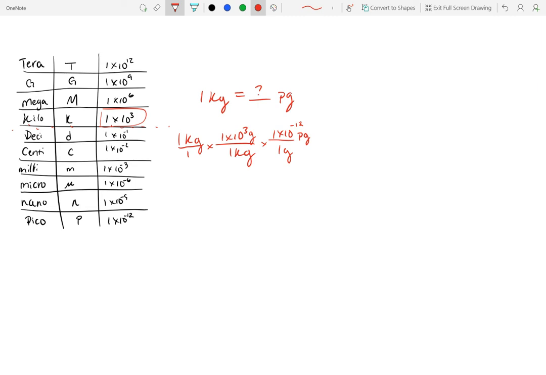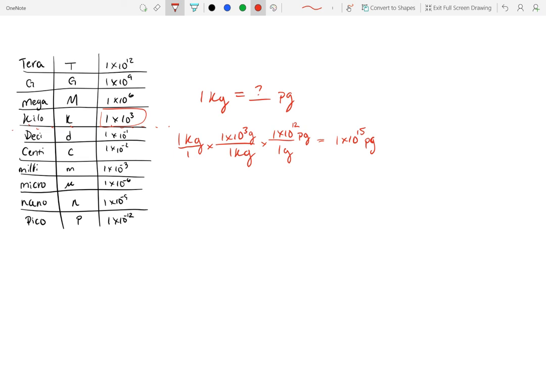So think of it to yourself always like that. Okay, so we're going to put 1 times 10 to the 12 up there. And once you multiply all that out, you end up with 1 times 10 to the 15 picograms in 1 kilogram. Right, which is obviously a very, very large number.